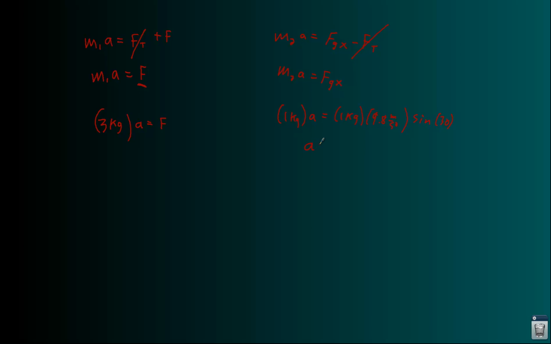So a equals 4.9 meters per second squared. Just simplifying all this, which we'll then put up into here. So 3 kilograms times 4.9 meters per second squared equals F. F equals 14.7 newtons.